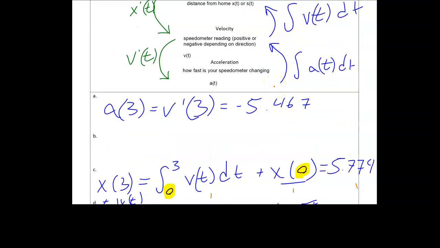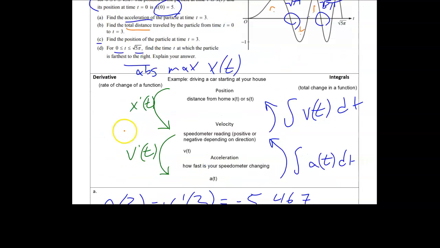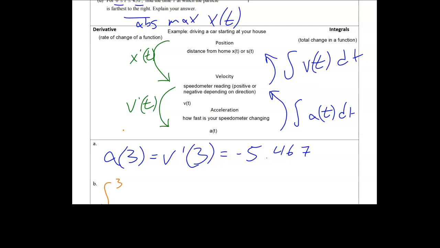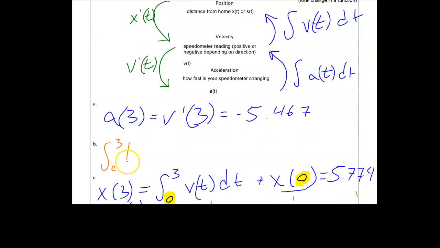So for part B, I'm going to take the integral from 0 to 3, because the question is asking about the interval from 0 to 3, of the absolute value of velocity with respect to time. And I don't need that 5 this time, that x of 0 that I included in the others, because I just care about how far I've driven, not where I end up.